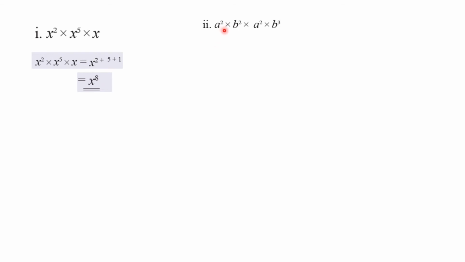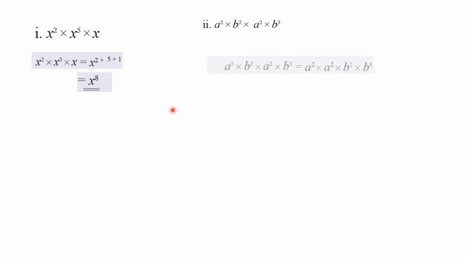a to the power 2, b to the power 2, a to the power 2, b to the power 3. Now you can see that not all the terms have the same base. You have to figure out which are the same base. Look at this a. The base a, these two are the same. Then base b is also the same.